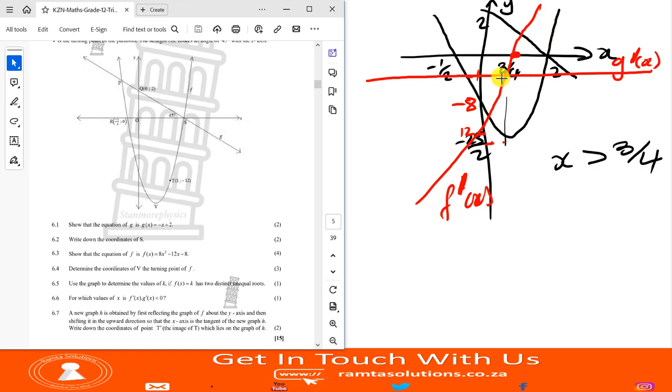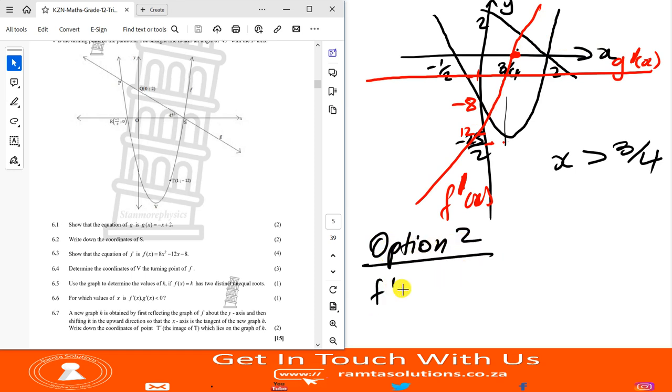Remember, we said when one is positive, the other must be negative. Above, or to the right of x equals 3 over 4, f prime is positive and g prime is negative. This is what we are looking for. Option 2, which is very easy.